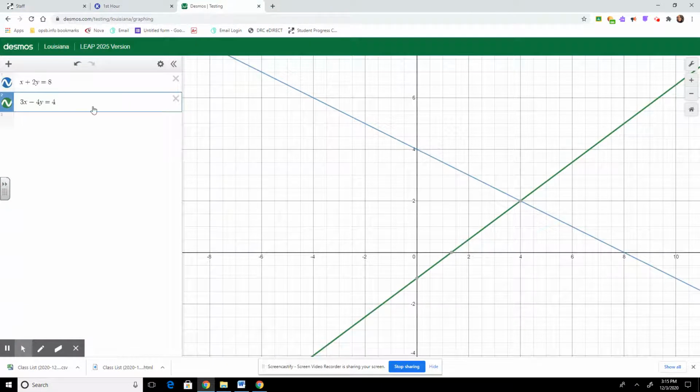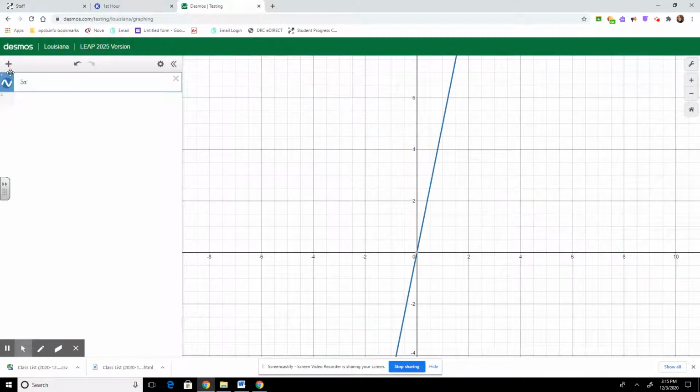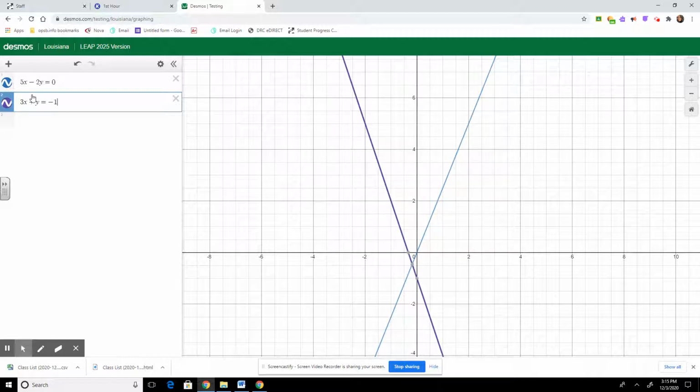Okay, part B, I'm going to type in the equations for you. 5x minus 2y equals 0, and then 3x plus y equals negative 1. Where do they cross or intersect? Here. Now, these are fractions in the book, but they're decimals in Desmos.